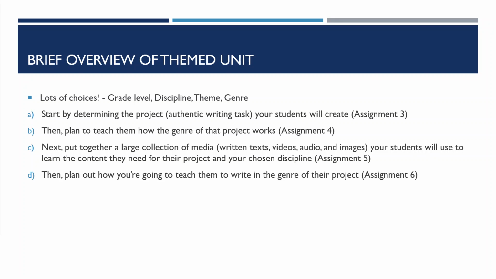You're going to be writing this outline that will help you bring your students through a series of steps that prepares them to actually write that article or whatever it is that you have them do. All right. So that's assignment 6.